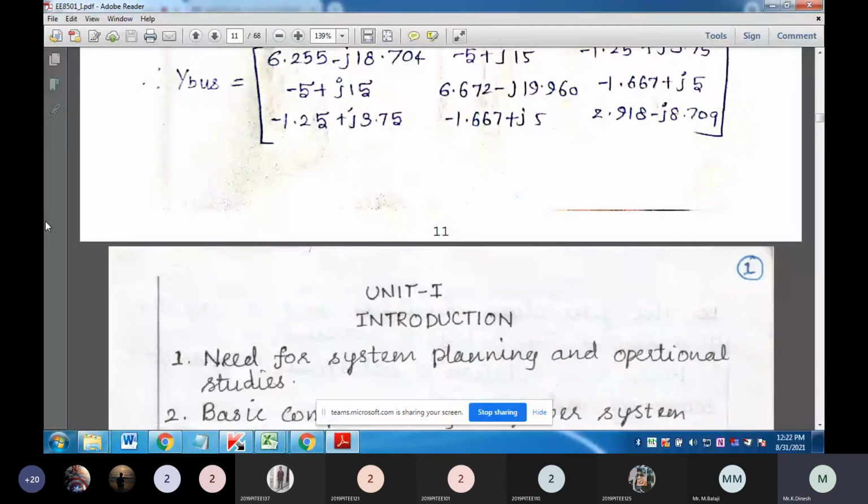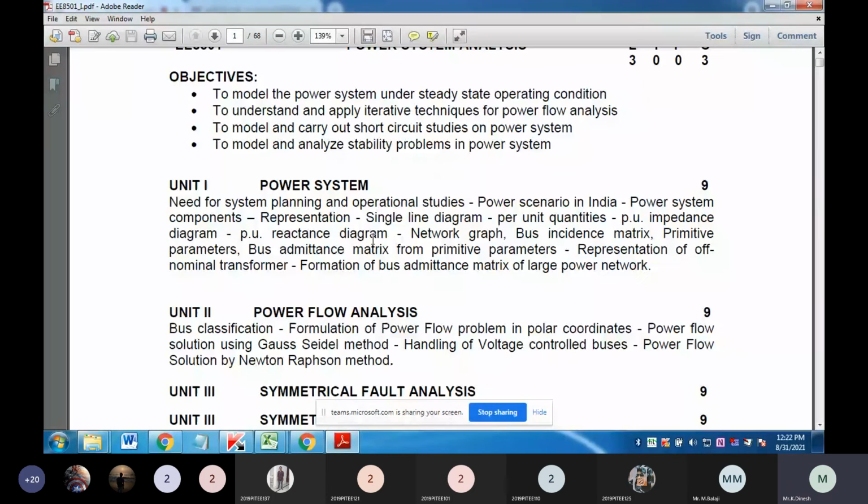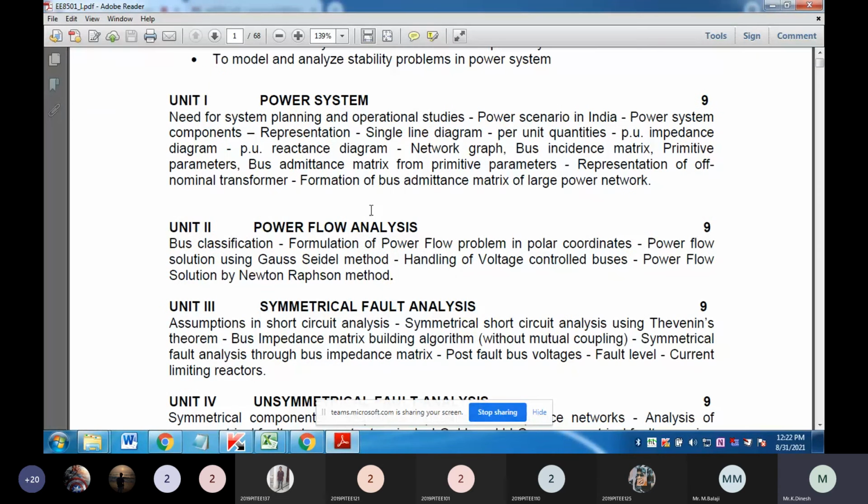You know the syllabus. So unit number 2 is power flow analysis. First, bus classification. We have 3 types of buses. One bus is the slack bus. The slack bus is always a reference bus, so it should be treated as constant. The next one is the PQ bus. P stands for real power, Q stands for reactive power. The PQ bus is otherwise a load bus.